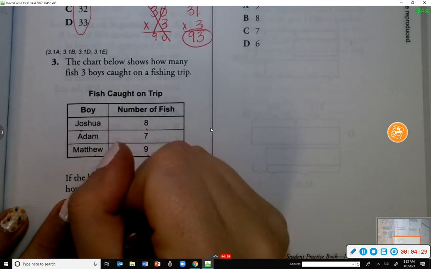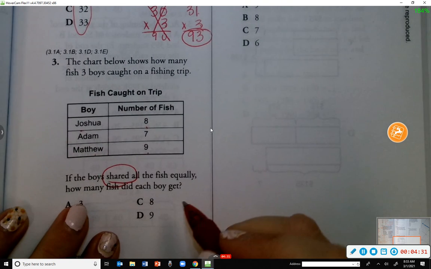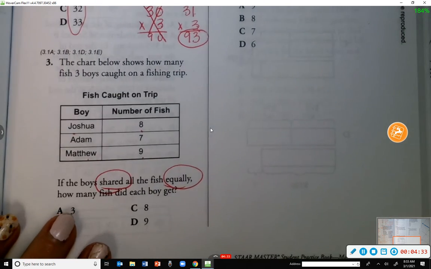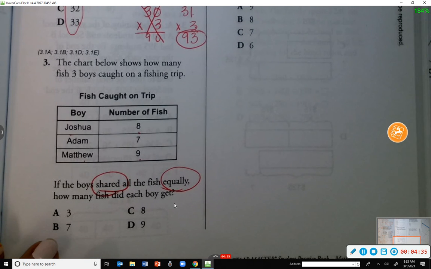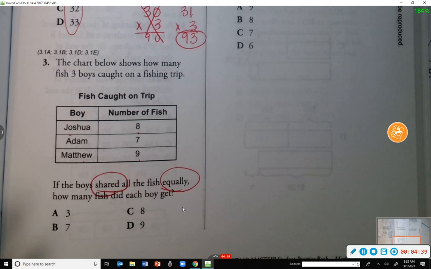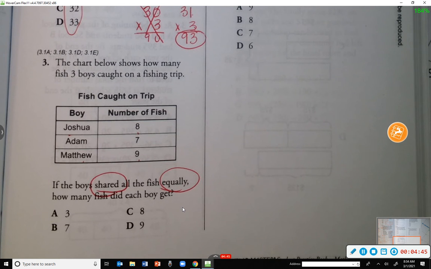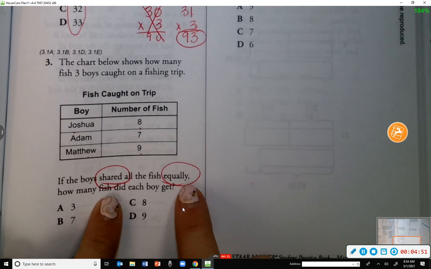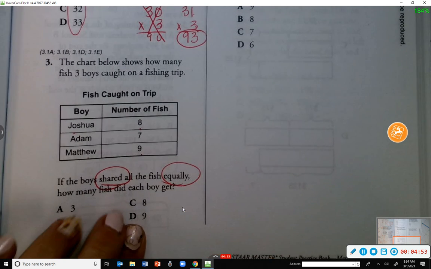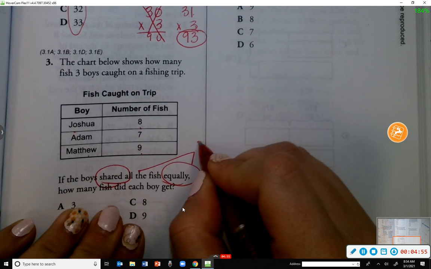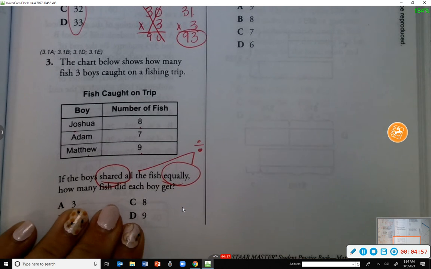Okay, so when you hear that word share and equally, share equally, what does that probably mean we're going to do? Divide. Good. So if you look over there on my wall, it has that division poster. And in that word problem over there, it says share and equal. So when you hear one of these words or both of these words together, that means you're going to divide.